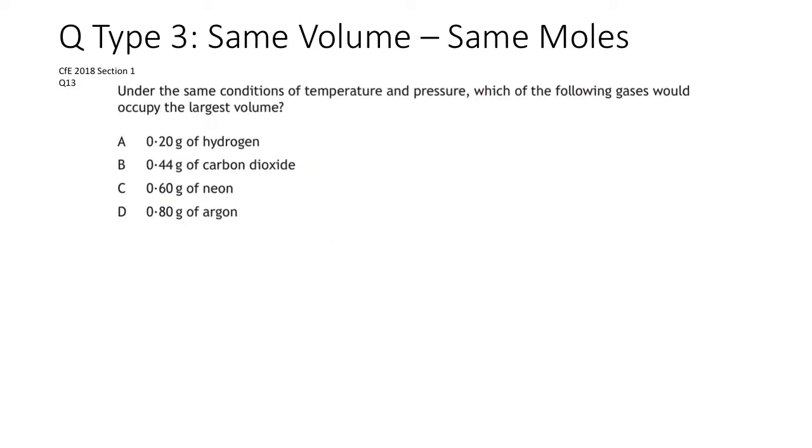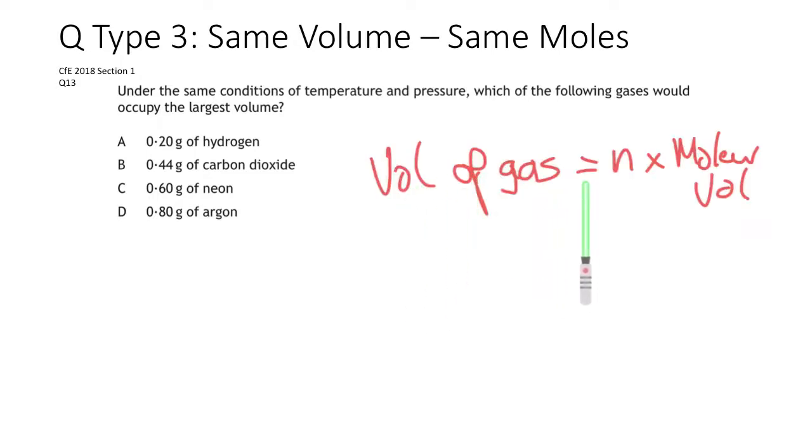This third type of question is really testing whether you understand the concept of the molar volume of gas or not. It's saying, under the same conditions of temperature and pressure, which of the following gases would occupy the largest volume. Now the temptation here is to start calculating volumes with the volume of gas is equal to moles times the molar volume.